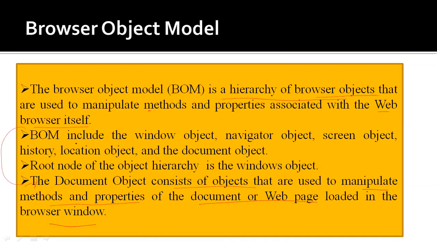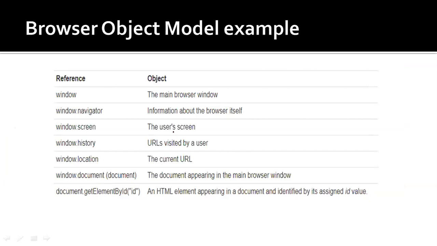Here the browser object model includes window objects, navigator objects, screen objects, history, location, and document object, etc. And the root node for this object hierarchy is the window object. Let's see some of the examples of the browser object model. As you can see here, we can refer to the information about the browser with the help of the window.navigator property.